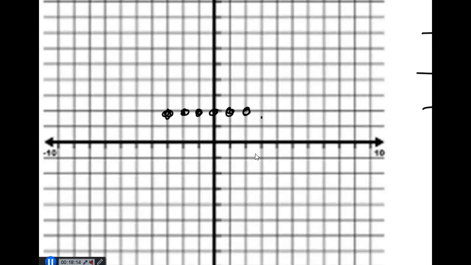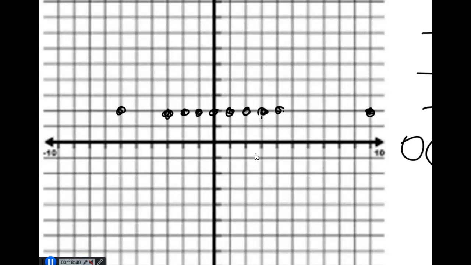And I just chose the x values to be purposely on the left and the right side of 0, but I could also choose very large values of x, like 10 or way larger, and the y value will always be equal to 2.